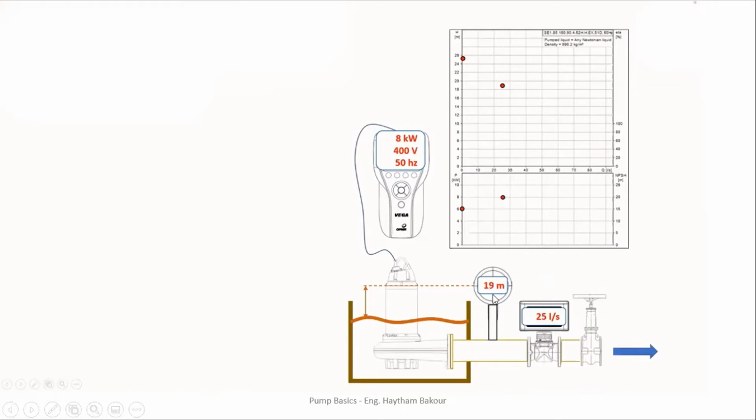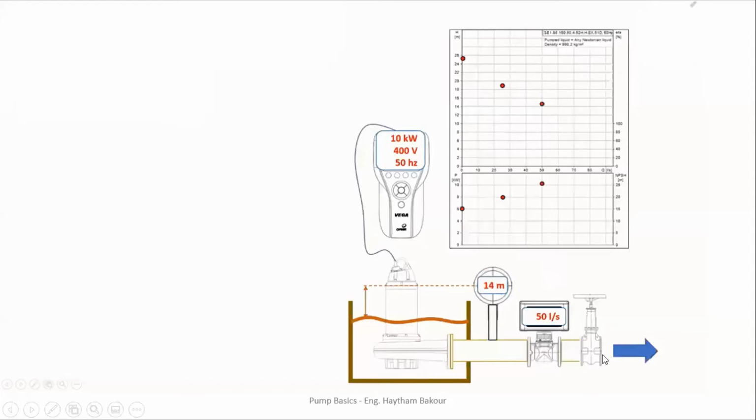So when it is 25 liters per second, we can see that the head is 19 meters of water, and we put it here, 19 meters of water at 25 liters per second, and the power increased to 8 kilowatts, and we add this to the performance curve.